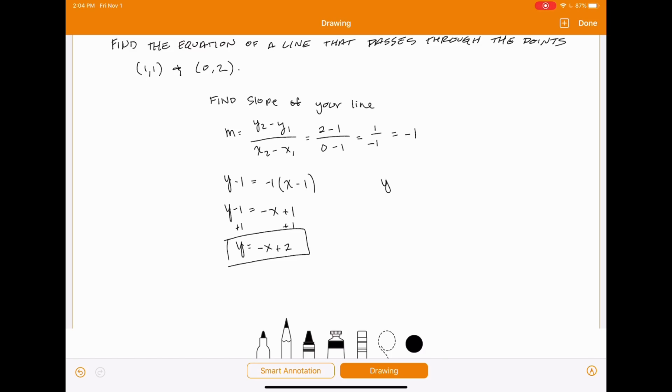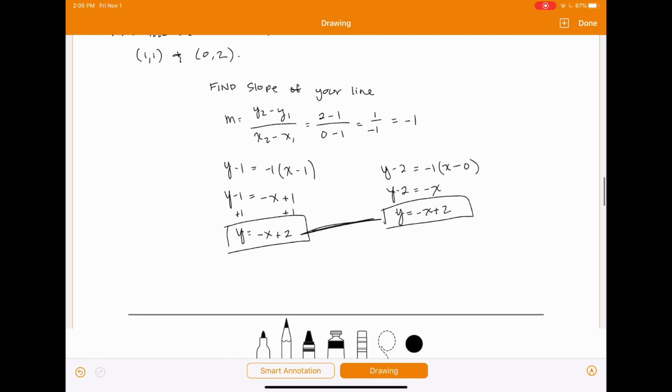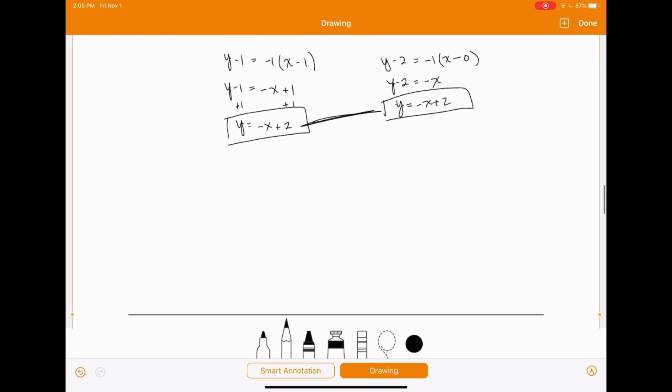So you would get y minus 2 equals negative 1 times (x minus 0). So you get y minus 2 equals negative x, and then y equals negative x plus 2. So again, you're going to get the same answer regardless of what point you put back into your equation. So just pick one that looks nicer to you.